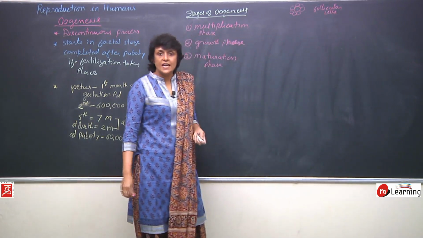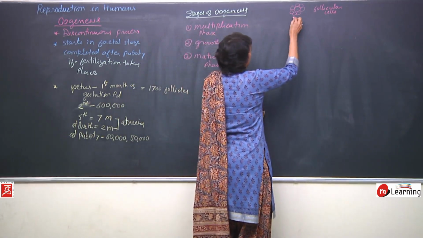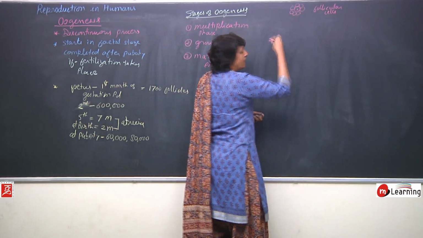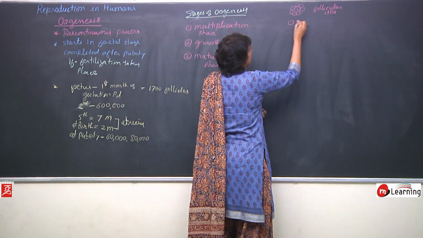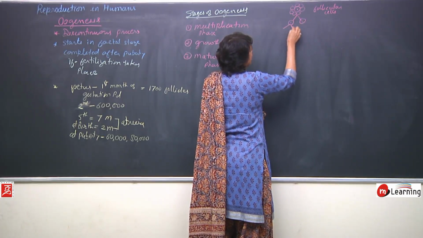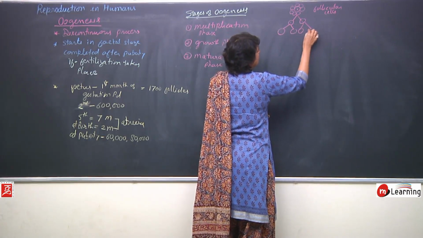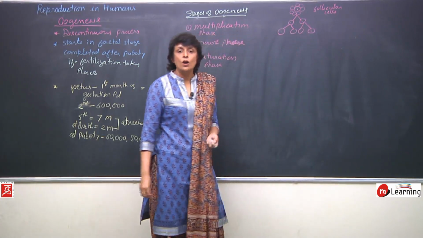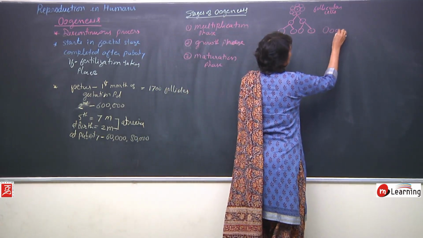In the fetal stage, they undergo multiplication. So, these have divided, and because the division is mitotic division, all these cells which are produced are called egg mother cells or oogonia.